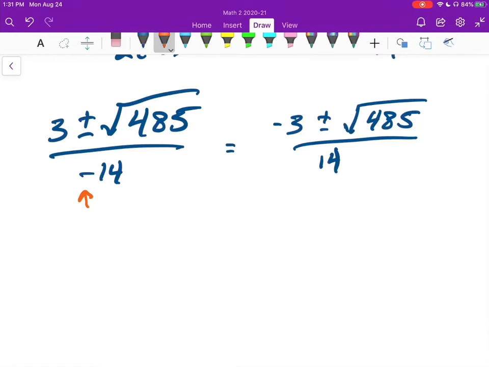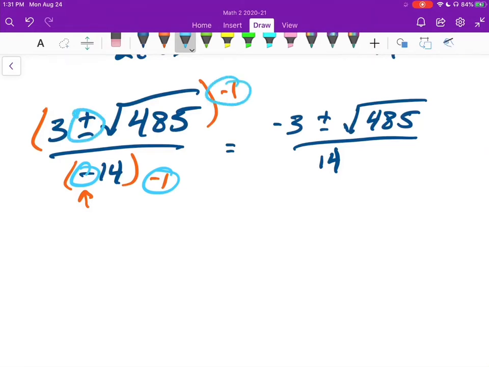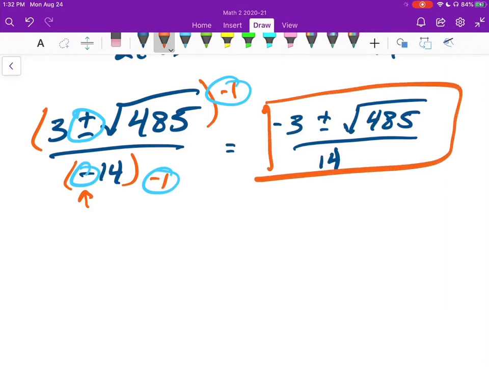And what they really do here is they multiply the top and bottom by negative 1. So the negatives cancel. The negative 1 goes with the 3, but then the negative 1 and the plus or minus, well, that just kind of flips the plus to a minus and the minus to a plus. So nothing exciting happens there. And the CUDA answer is going to look a lot more like that, only it's going to be separated into one being a plus and one being a minus.